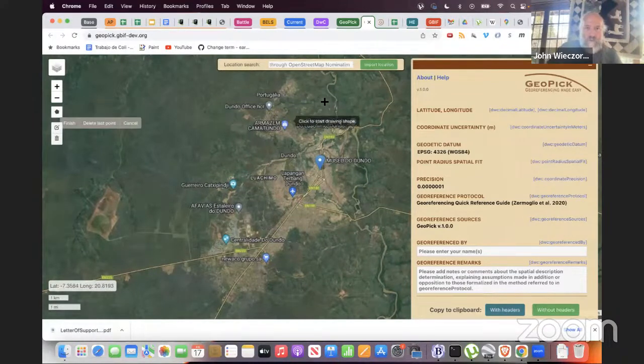I picked the polygon tool, and my decision is that everything that looks like town, all the way from the far north part of Portugalia to the far reaches in the south down here, everything that looks like deforested area is the town. That's the criteria I'm going to use for drawing. Whether that's a good criteria or not, I don't know. But just so you know what I'm trying to do.